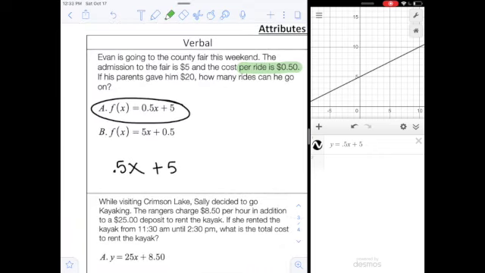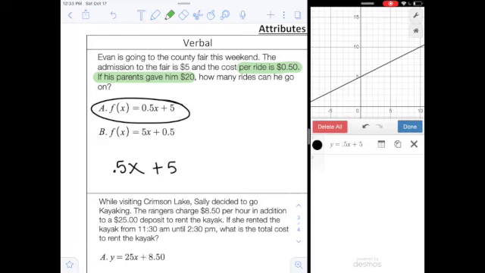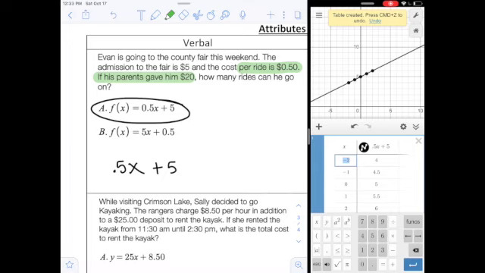Now the reason why we have to graph this is because we've got to answer this last question. If his parents gave him $20, how many rides can he go on? So coming over here, I'm going to hit a table.